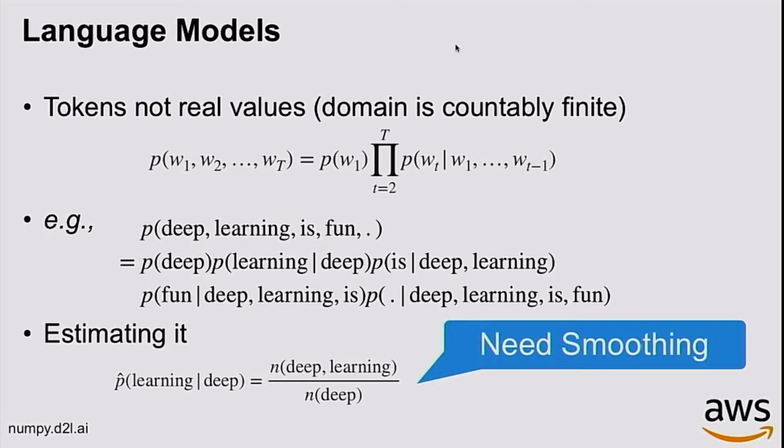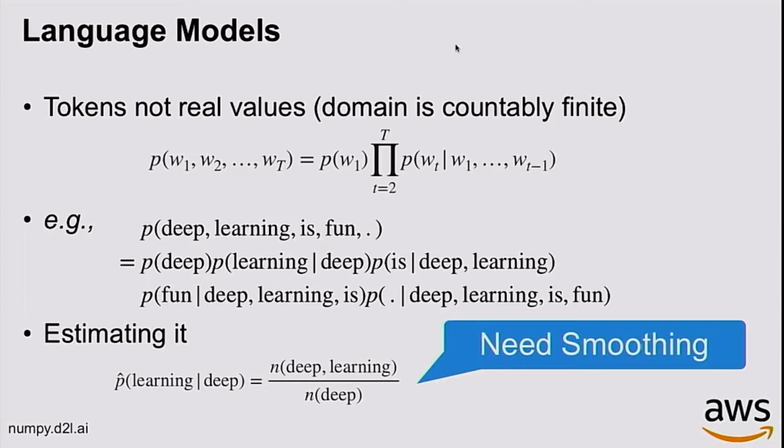The next topic is language model. For the first sentence, we have "deep learning is fun." There are 5 tokens coming in. How do we model them? How do we model the probability of this sentence happening in a corpus? We can use the famous Bayes rule.